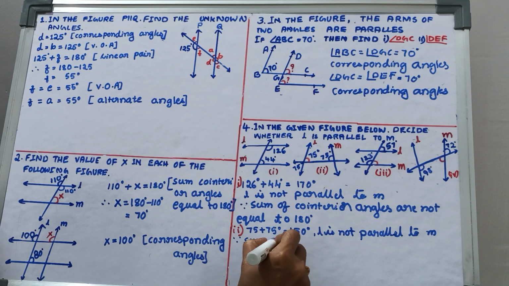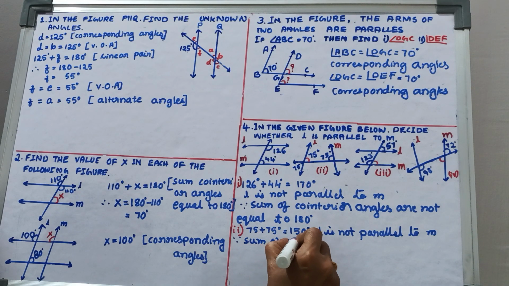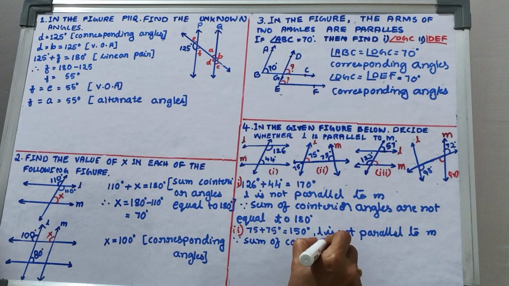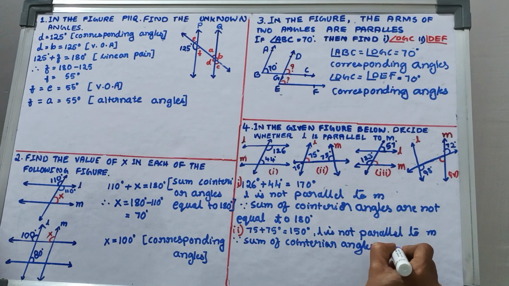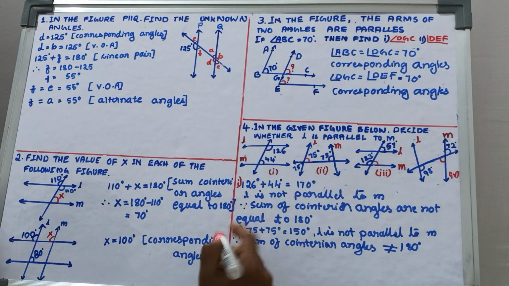Sum of co-interior angles is not equal to 180 degree. Now the third one, check it.